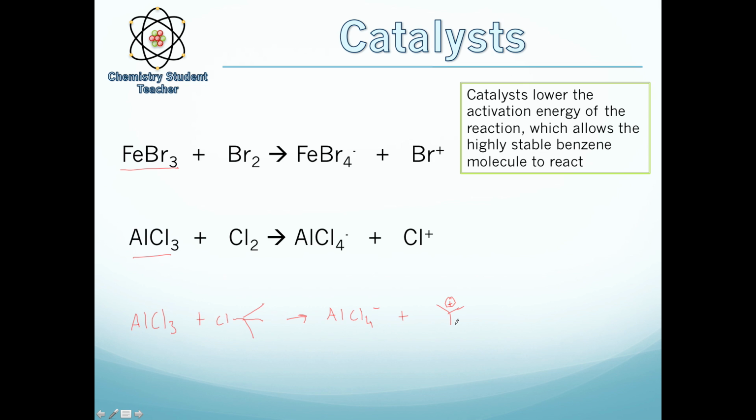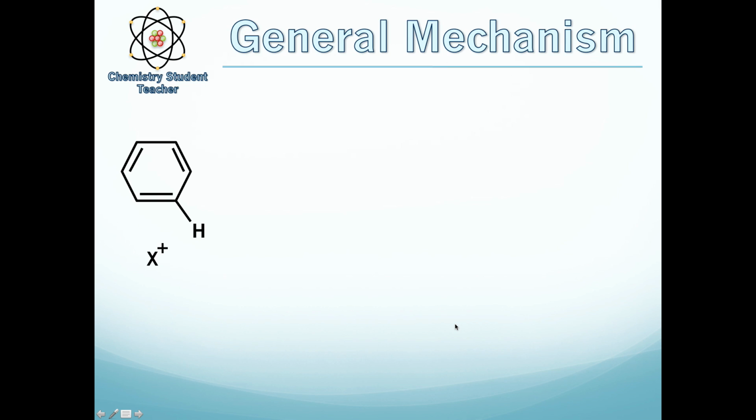Now let's look at the general mechanism. The general mechanism for this is this electrophile is attracted to the electron density of the benzene molecule. So as it approaches the benzene, if you're using the AQA structure, some of the electron density goes towards there and sends a pair of electrons to form a bond with this electrophile here.